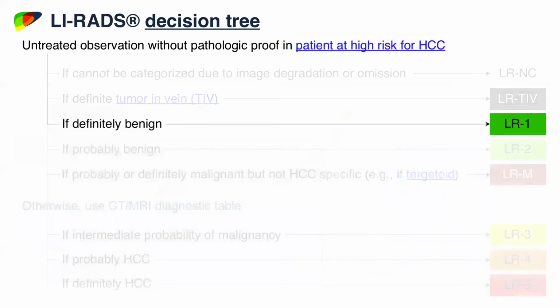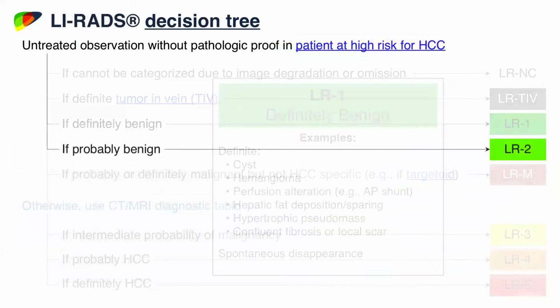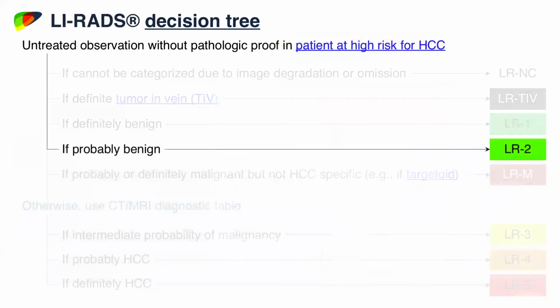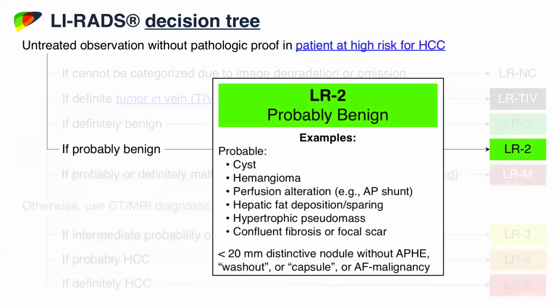If I don't see a tumor in vein, then I ask myself, do I see something that's definitely benign? Something that looks like a cyst or a hemangioma, something that's definitely an arterial portal shunt? If I see something that's definitely benign, I call it LR-1. If I see something that's not definitely benign, but probably benign, I call it an LR-2.